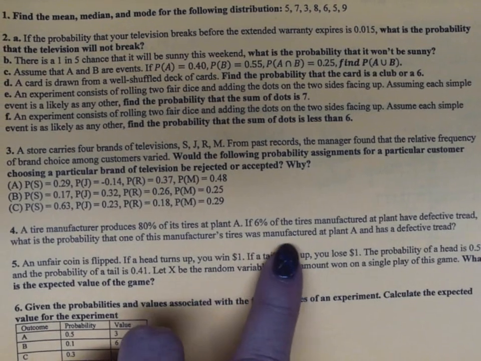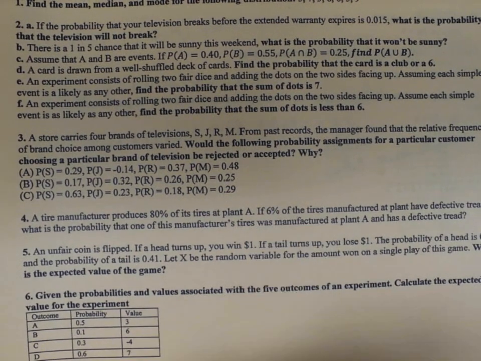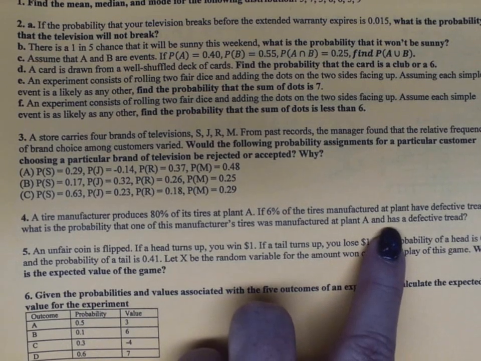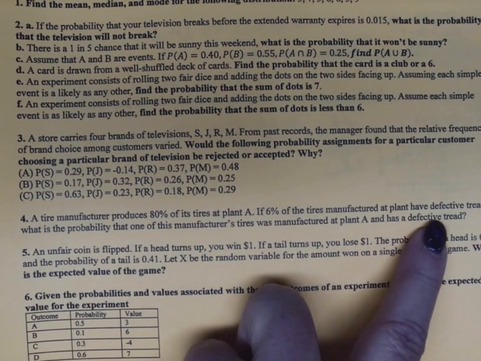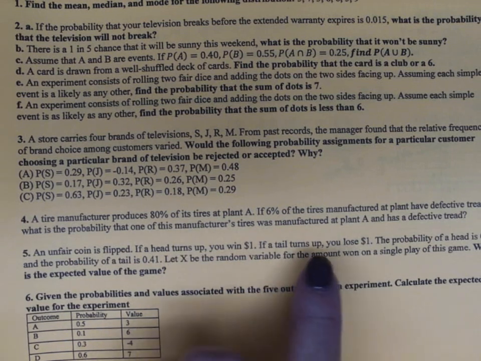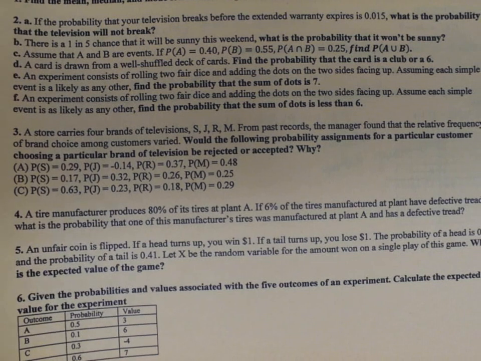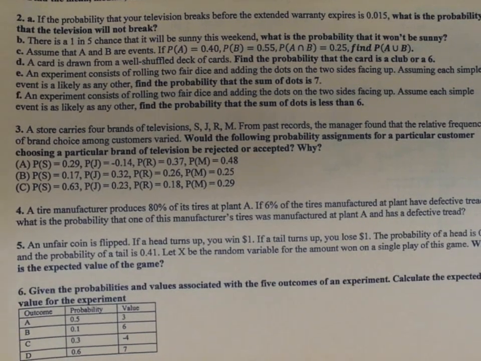So here, plant A, 80% are there, 6% of the tires manufactured at a plant, because they have more than one, have a defective tread. So what is the probability that the tires were made at plant A and have a defective tread?